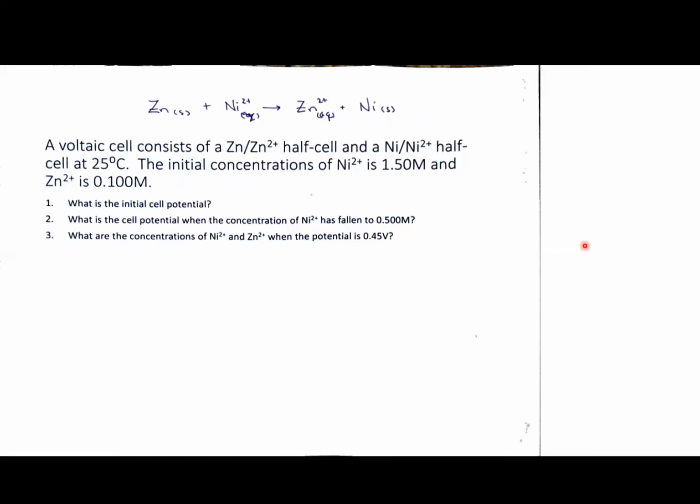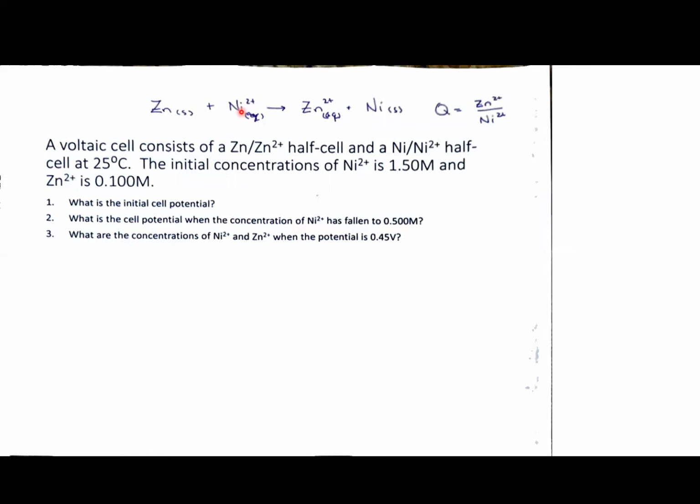First, I think it's helpful to realize, well, what the heck is going on? So zinc solid is being oxidized to make zinc ions, and then nickel ions are becoming nickel solid. So here's my oxidation. Here's my reduction. Okay, and this would have a positive E cell.